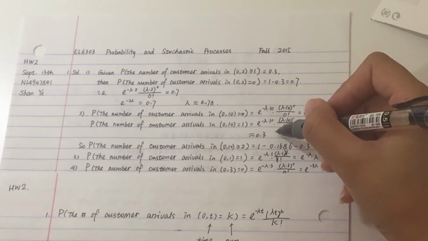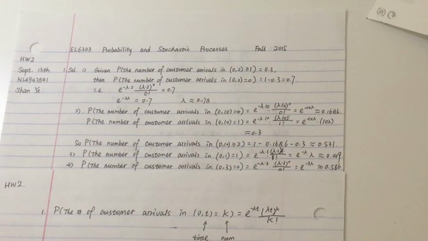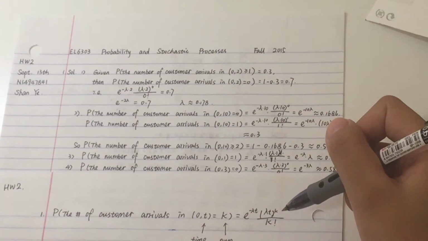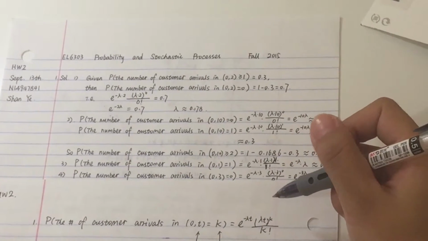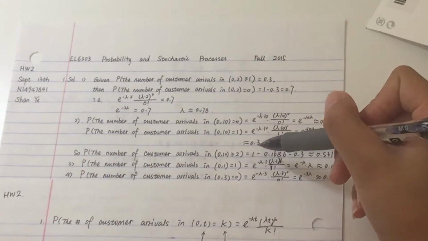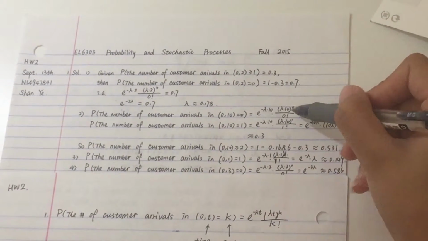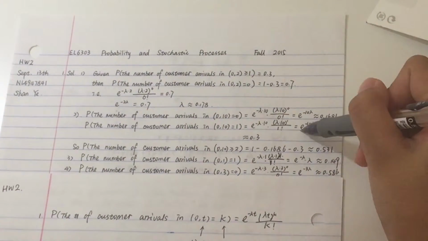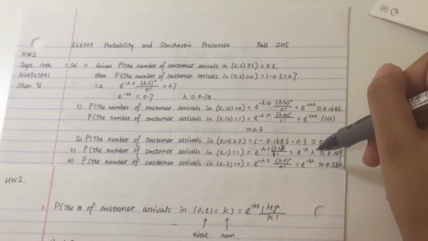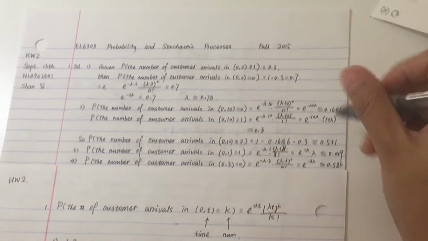The probability is 0.3. So the probability that in 10 minutes at least 2 customers will come is equal to 1 minus this situation and this situation. So the final result is 0.531.